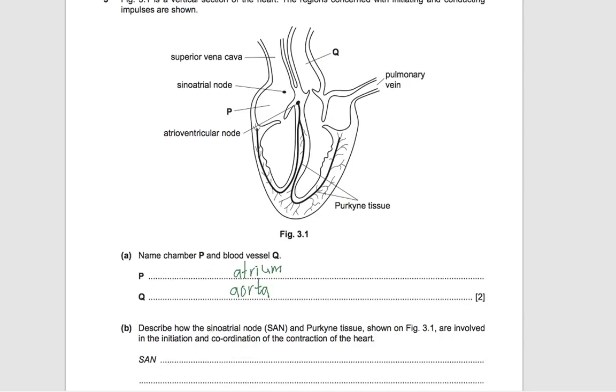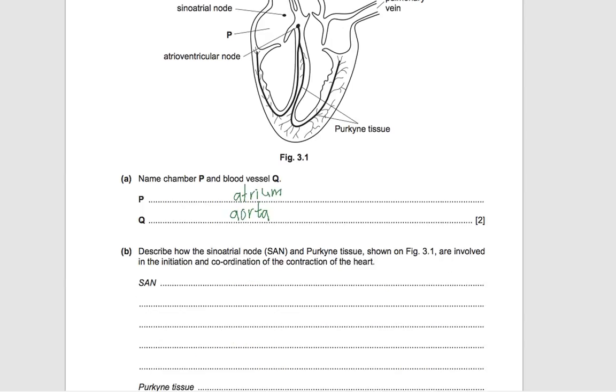Describe how the sinoatrial node and Purkinje tissue shown in figure 3.1 are involved in the initiation and coordination of the contraction of the heart. So first, let's talk about the sinoatrial node. This is a patch of cells that's the natural pacemaker in the heart.